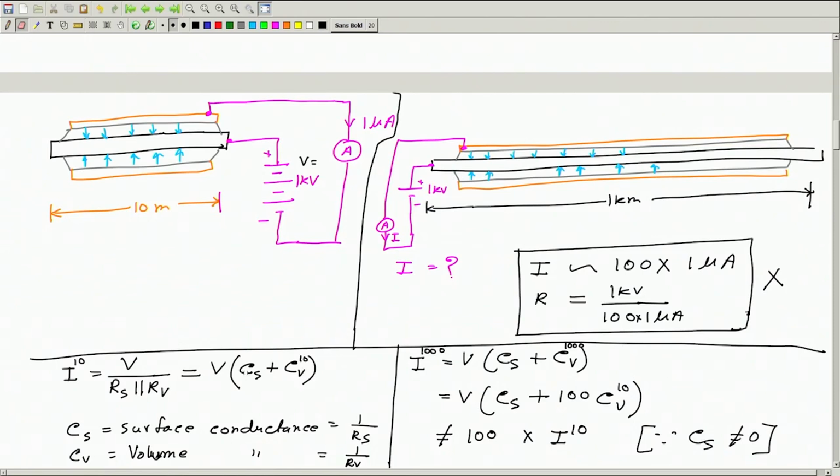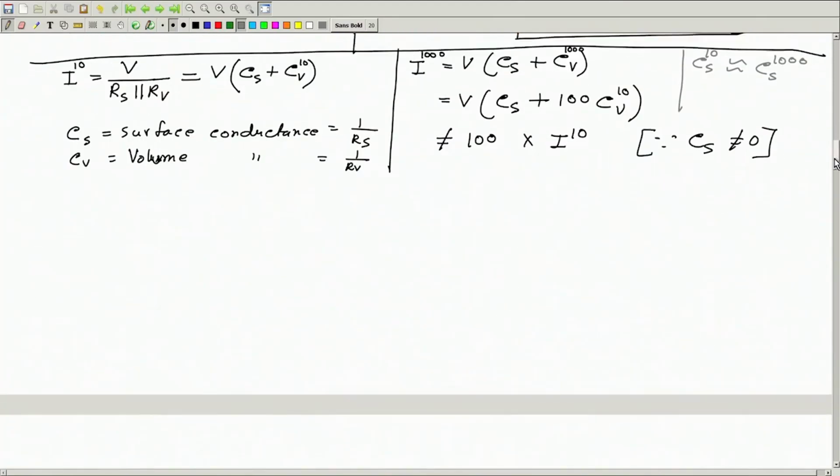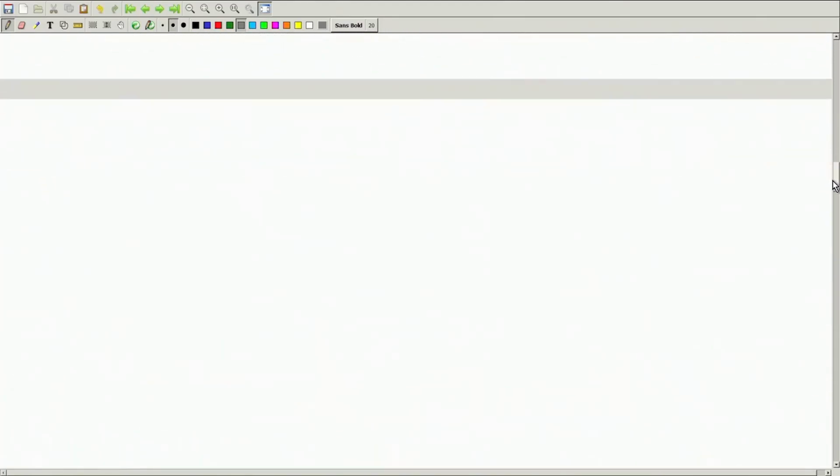So Cs here and Cs here may be the same. Okay. So we may write Cs for 10 meter should be equal to Cs for 1000 meter. So now, if we perform the experiment with a smaller cable, we cannot multiply the current by a factor of 100 and predict the current in this experiment, because of this surface conductance or surface current. So this is the problem. Okay. This is the problem due to surface conductance.